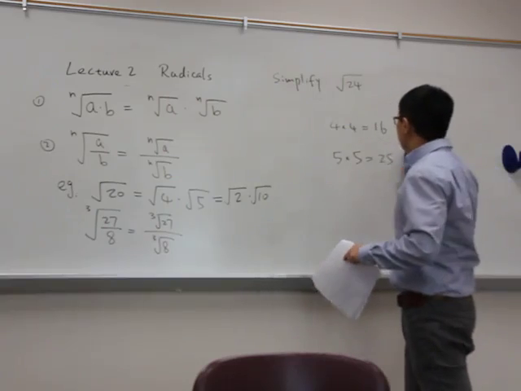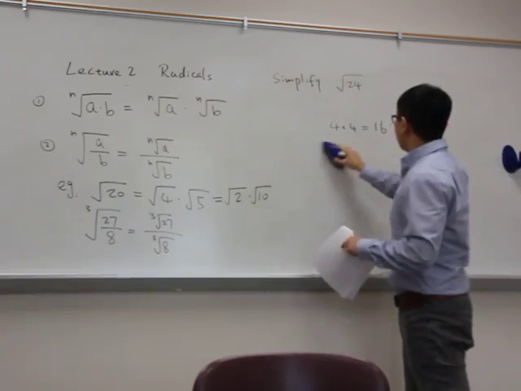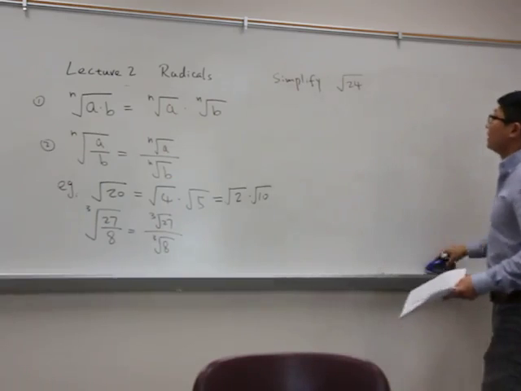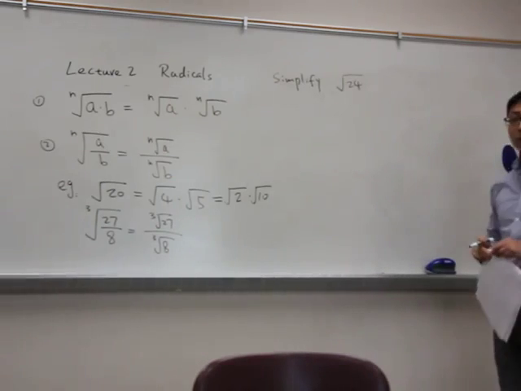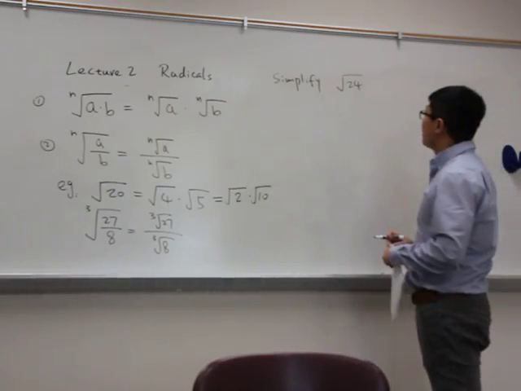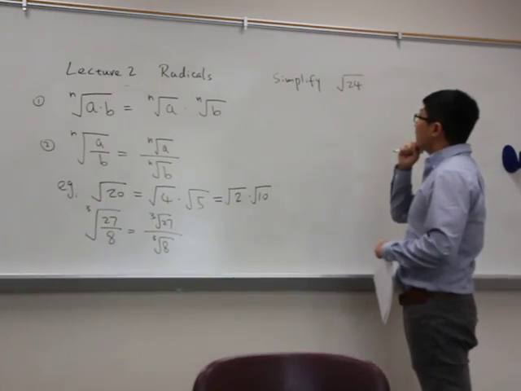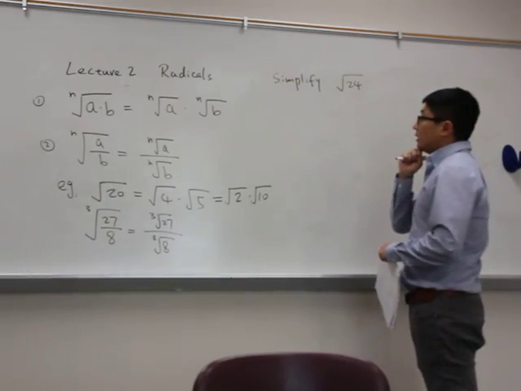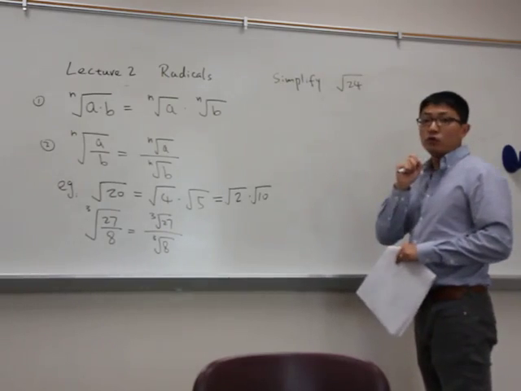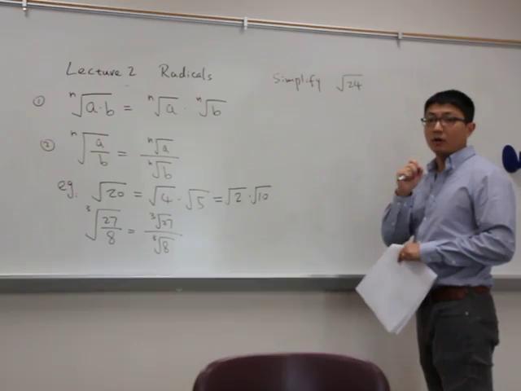So we want to simplify this radical. And let me show you how to do this. So first, we want to think about this question, and that is which perfect square number does 24 contain?